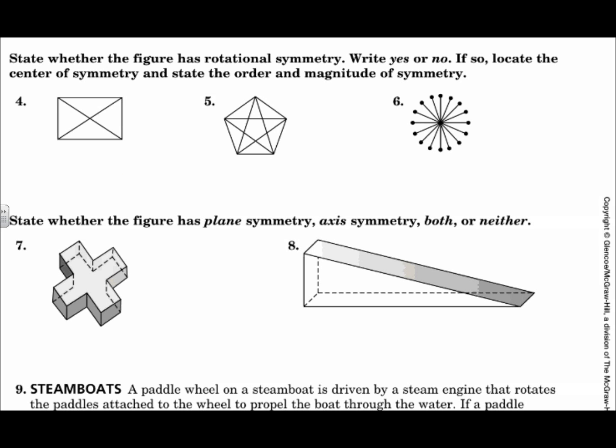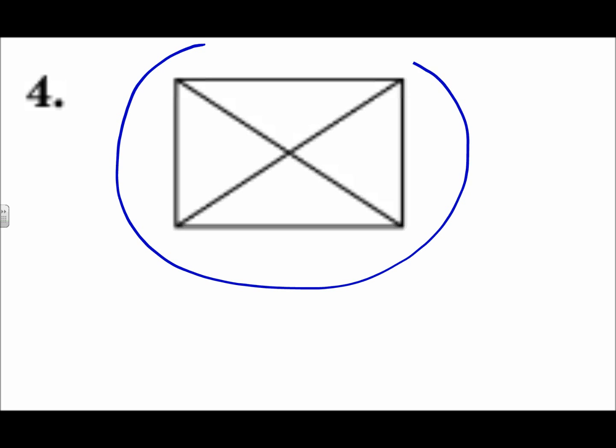State whether the figure has rotational symmetry. Write yes or no. If so, locate the center of symmetry and state the order and magnitude of symmetry. Number 4, to determine rotational symmetry, imagine this figure rotating around. When it rotates around, does it ever overlap itself?